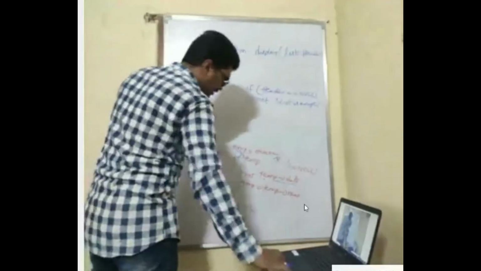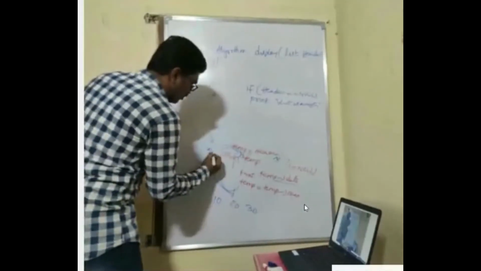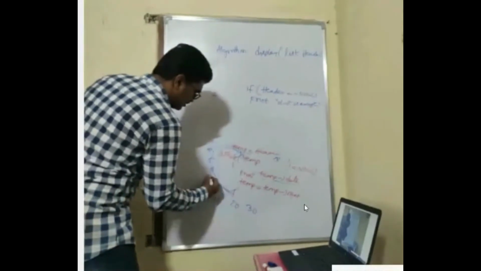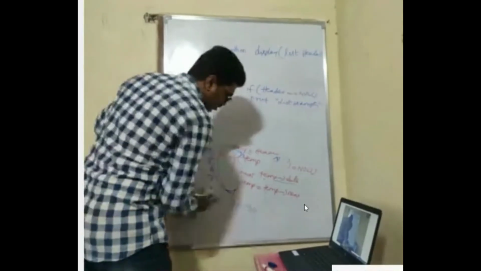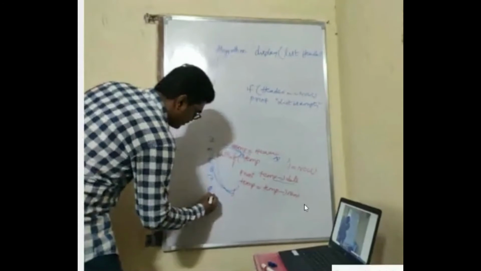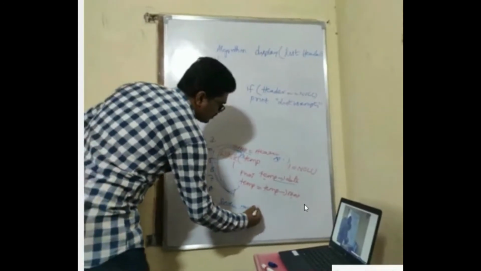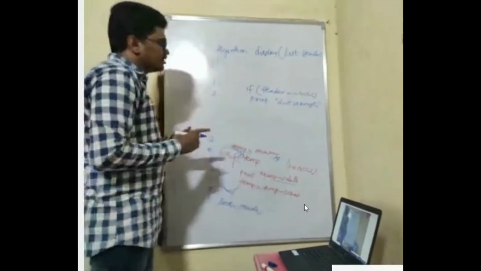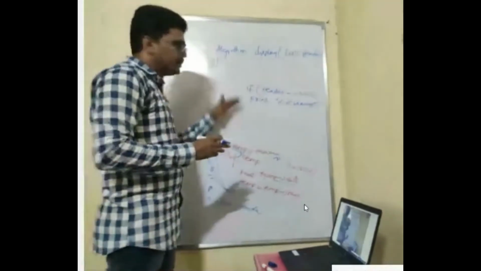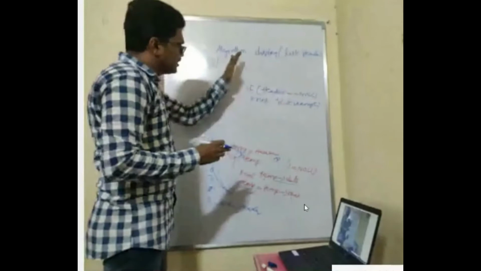So this is my third step. 4, 5, 6, 7, 8. As I told you, add for all the things that you are returning, return header. Okay. So this is how you are going to print the elements.